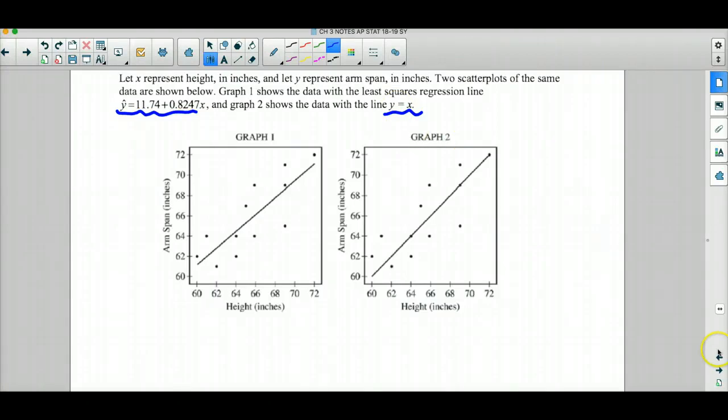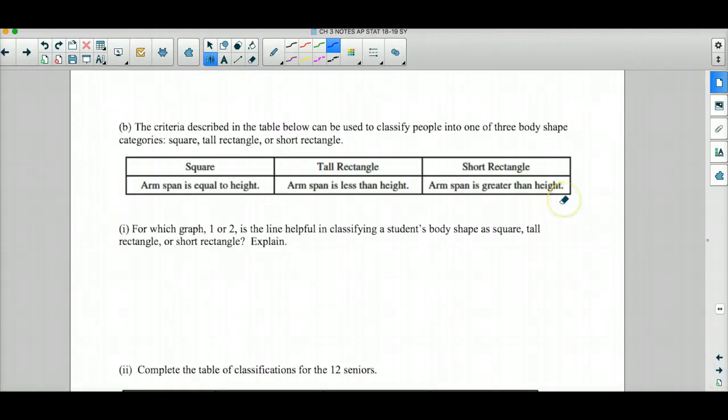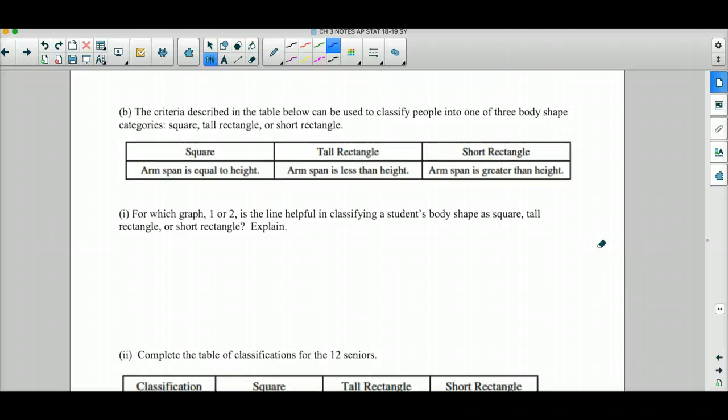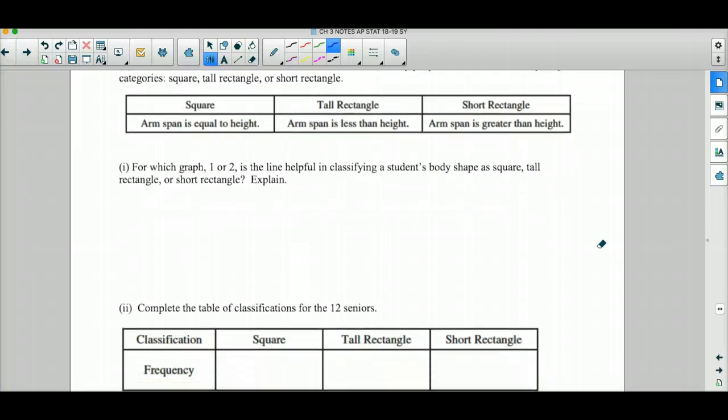All right, so on this next part it says the criteria described in the table below can be used to classify people into one of the 3 body shape categories: square, tall rectangle, or short rectangle. So if you are square, your arm span is equal to your height.